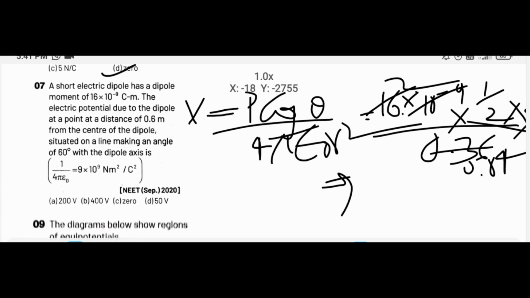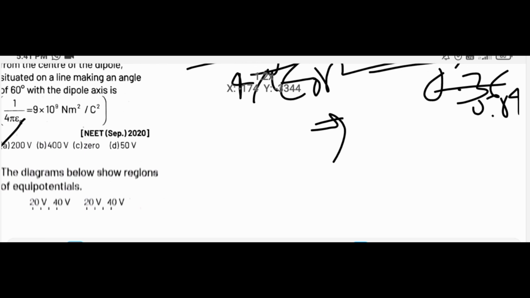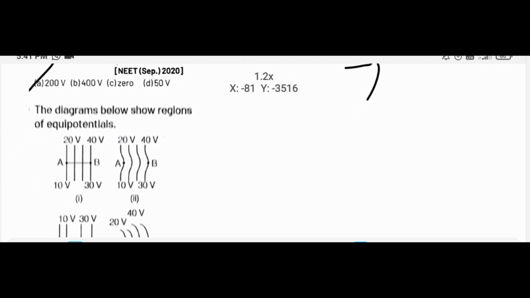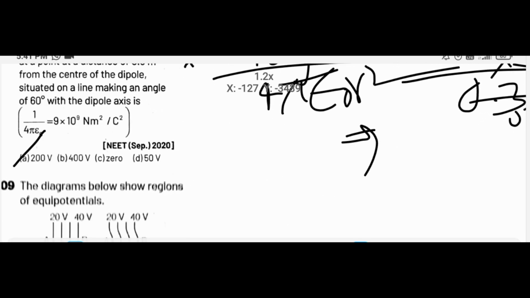So the answer here will be 200 volt, right? Answer will be 200 volt. I think you got that calculation right. Here it is 0.04, right? If that is going to the denominator, this 10 power minus 2 will be in the numerator, becoming 100, and left with the 2 here, 2 into 100 will be 200. That is how the calculation is.